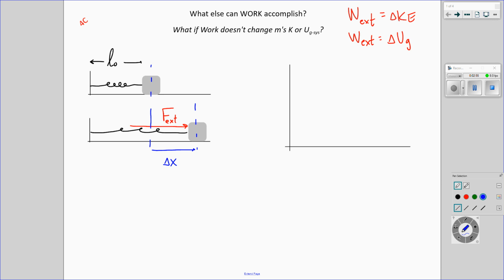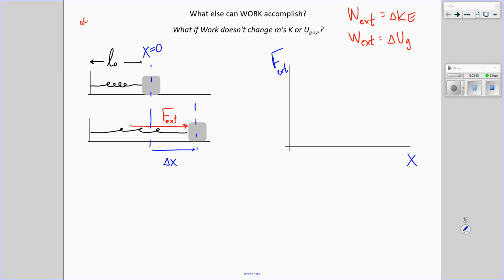Now what we can do here is we can say, what does this plot of the external force that Jim applies look like as a function of position of the spring as measured from the origin, the place from which this thing starts.